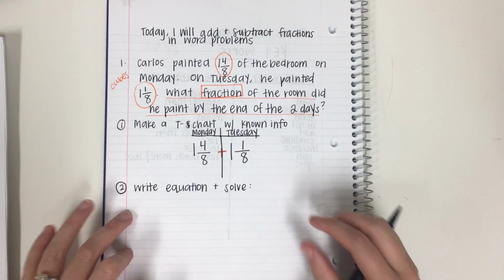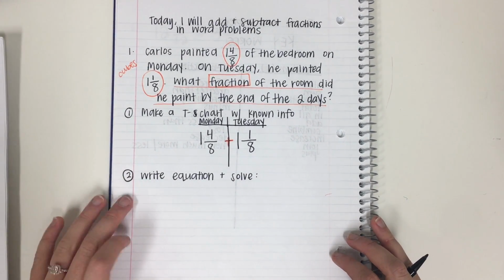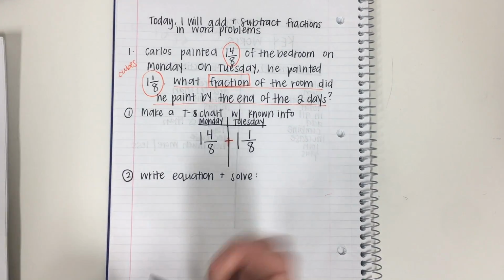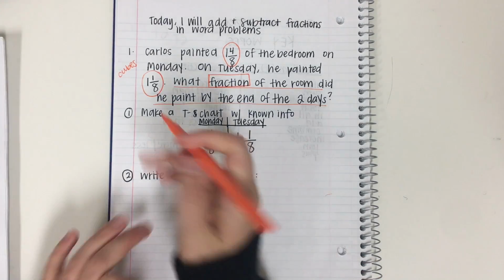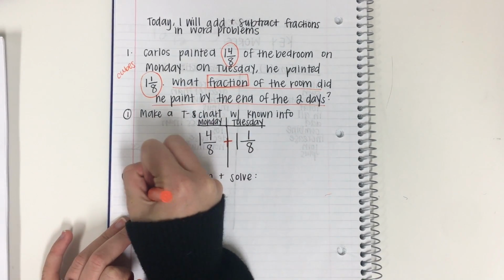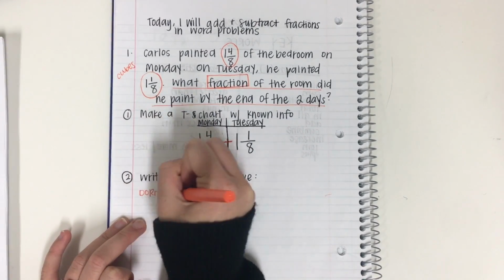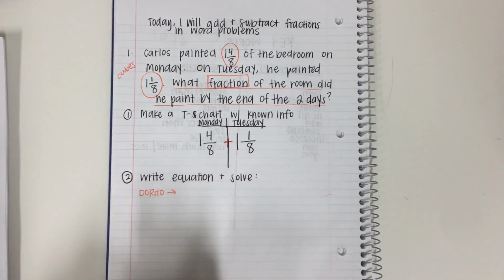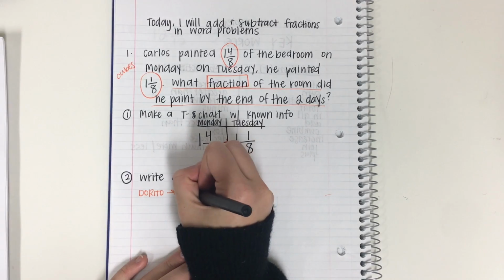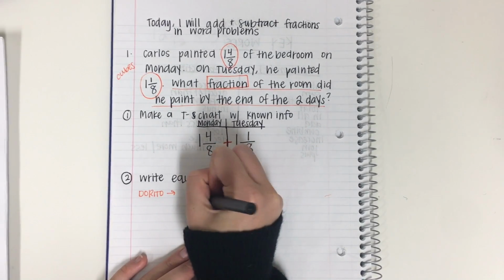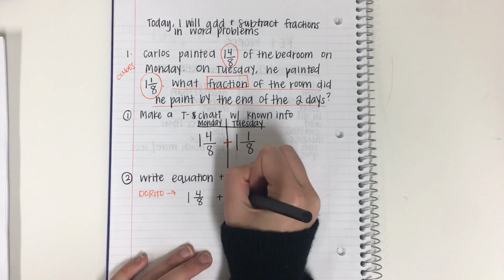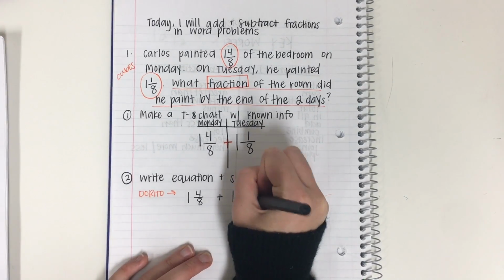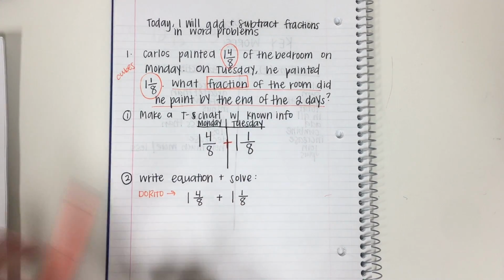So I'm going to show you both. I want you to do both, but then for tonight, you can choose whichever one works for you. So the first one I'm going to do, that I want you to do as well, is the Dorito method. Okay? So with the Dorito method, you take your mixed numbers and you change them into improper fractions, right?